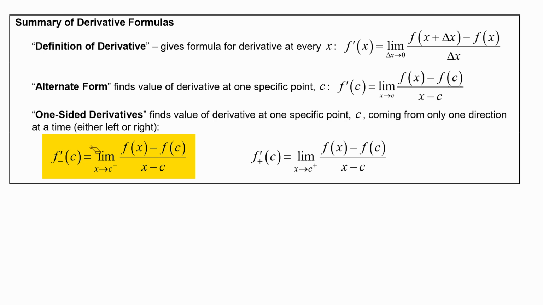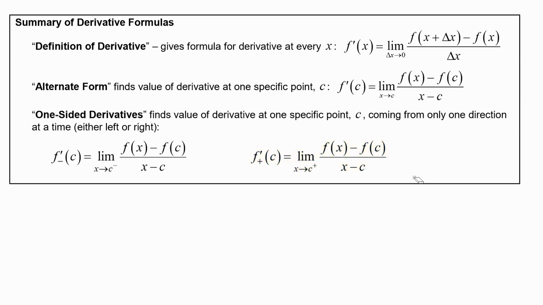So this notation means f prime of c from the left, and that would be the limit as x approaches c from the left of f of x minus f of c over x minus c. Whereas this notation means f prime of c coming from the right, so we do the limit as x approaches c from the right of f of x minus f of c over x minus c.